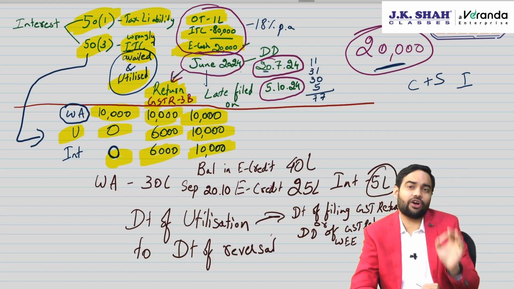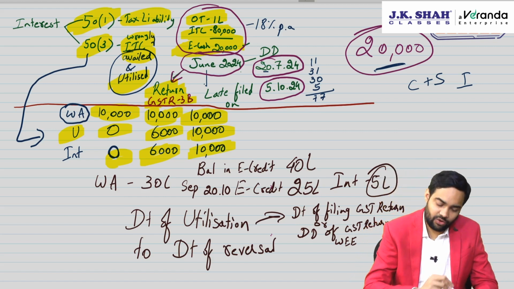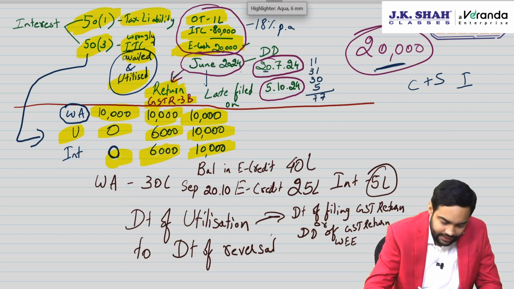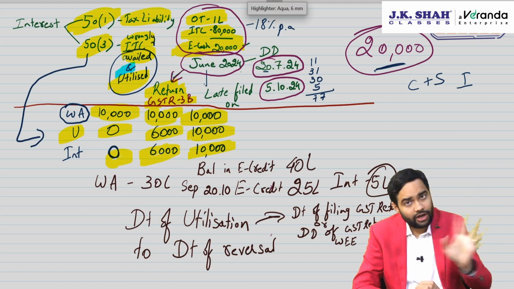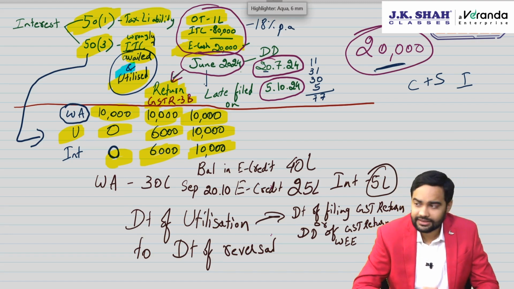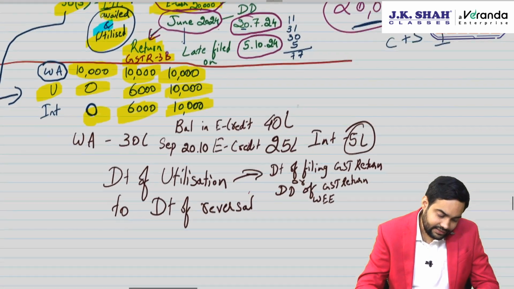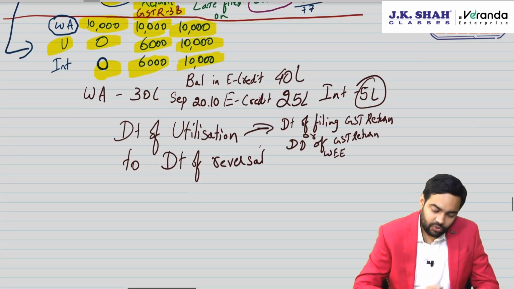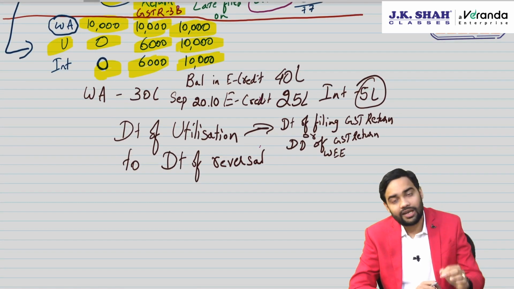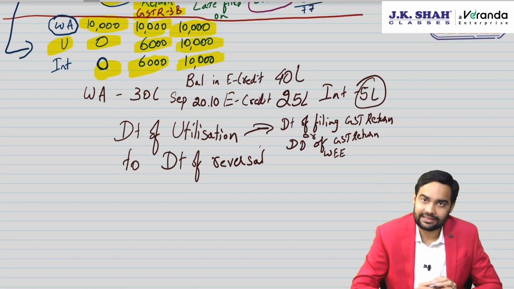ITC wrongly availed: interest will apply only when it has been wrongly availed and utilized. If I have not utilized it, then interest will not apply. When can I say I have utilized? ITC can be said to be utilized only when my balance in the e-credit ledger falls below the wrongly availed ITC.